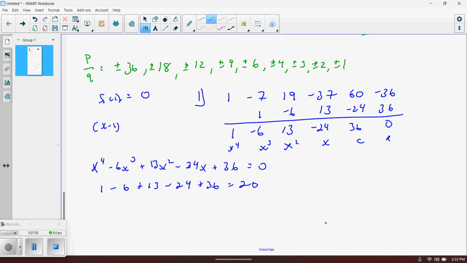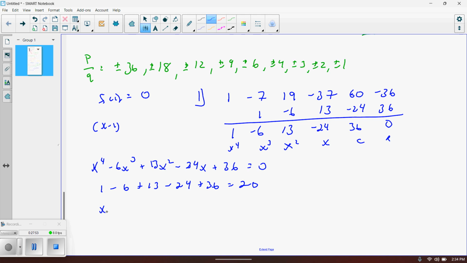If you try negative 1, I'm just going to tell you right off the bat, it is not going to be a factor. So you could keep trying all of these different possibilities. Unfortunately, if you try 1, negative 1, 2, negative 2, the next factor is actually going to be 3. So you would try all of them, and then you would get to 3 and say, oh, 3 does give me 0 there.